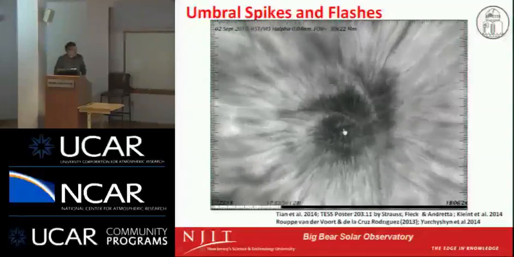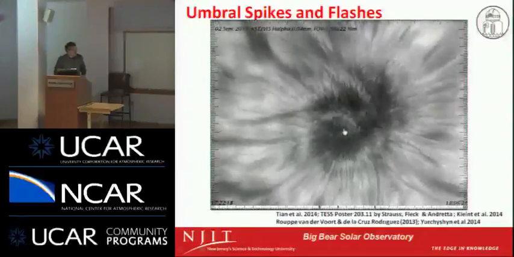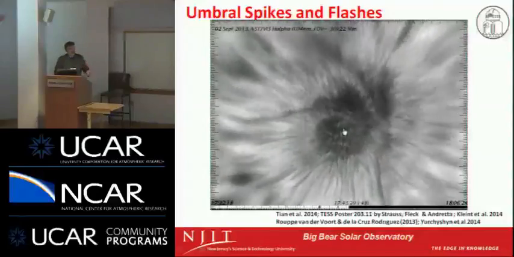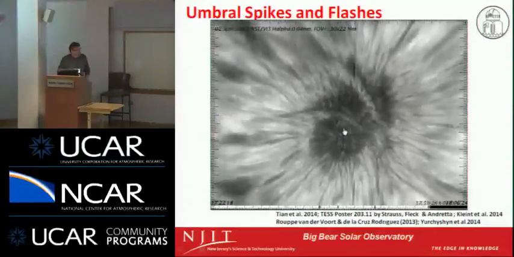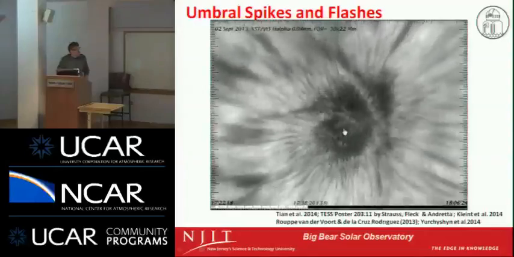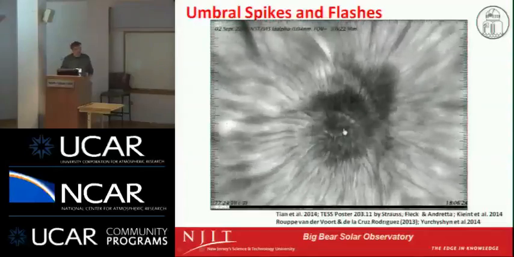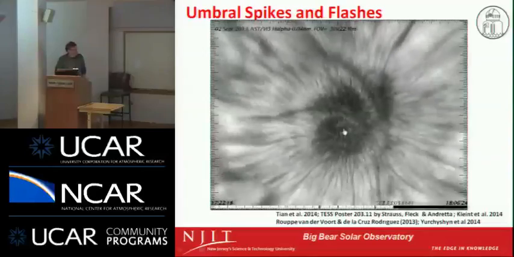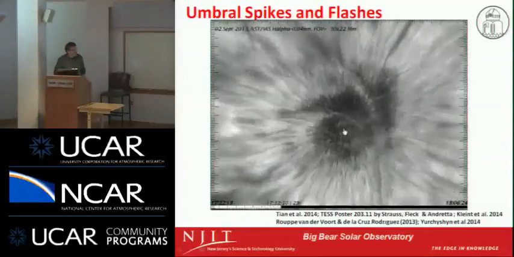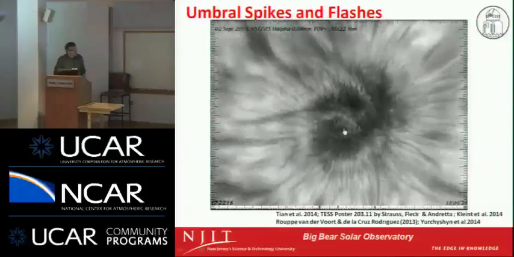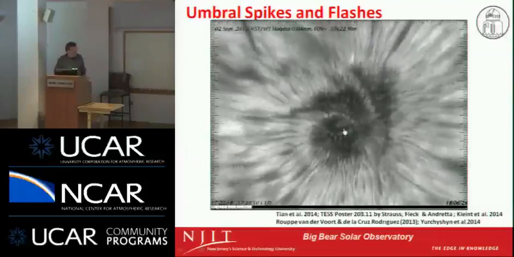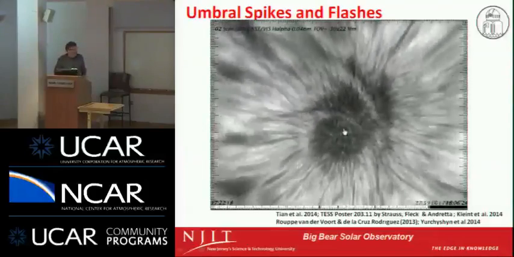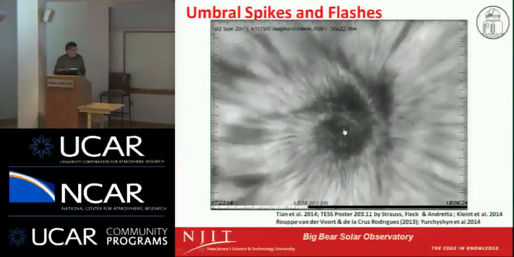But basically, I would like to focus on these oscillations of intensity that we observe, as well as the umbra flashes that occur not everywhere in the umbra. Also, I would like to note these very small streaks or oscillating jets that were recently observed in different sunspots by Luke and co-authors.